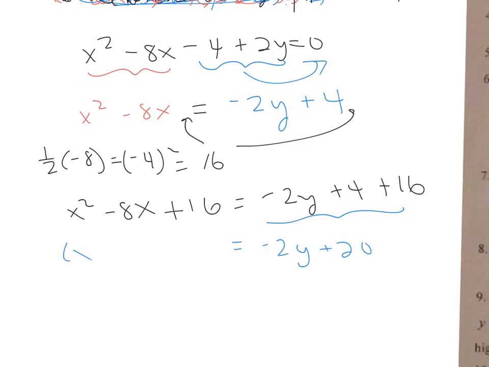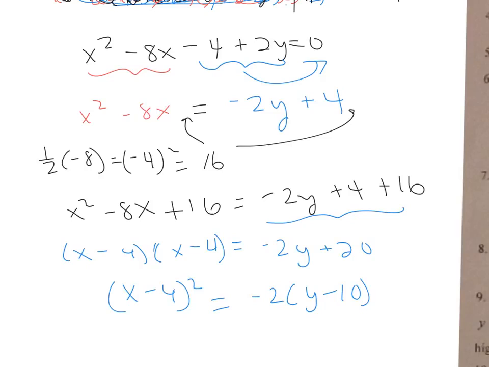And I'm going to factor this, (x minus 4) times (x minus 4), which is (x minus 4) squared. And then over here on the right side, I have to make my y have a leading coefficient of 1. It's negative 2, so I have to factor out the negative 2 times (y minus 10).